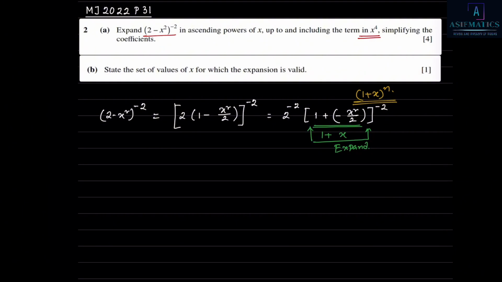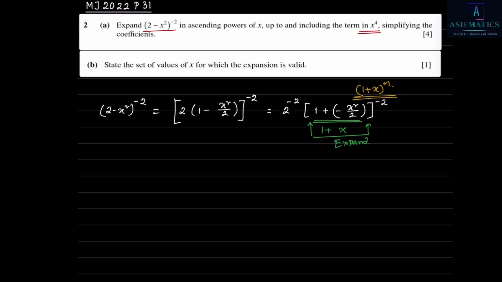Anytime you have this situation, you have to bring 1 plus x inside the term, otherwise you cannot solve it. So now we can write 1 plus minus x squared by 2 whole to the power minus 2 equals 1 plus nx, where n is negative 2, that means your power is n.